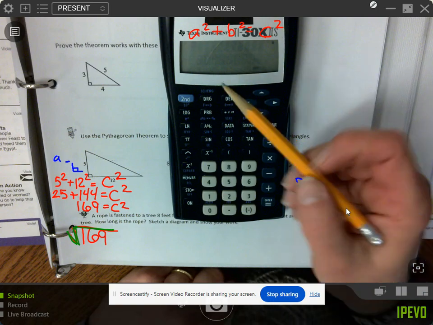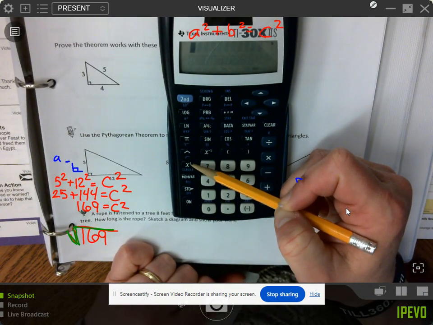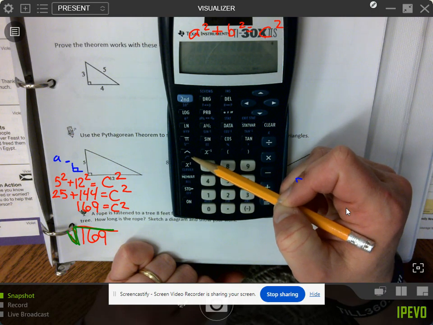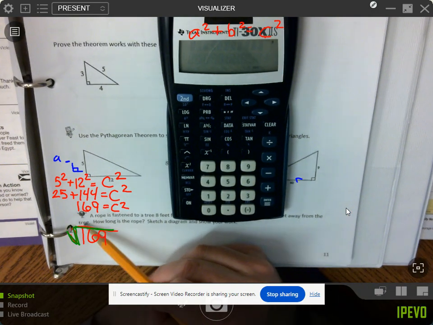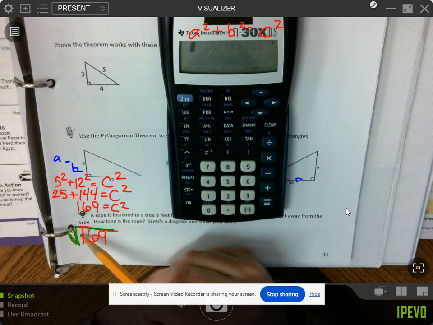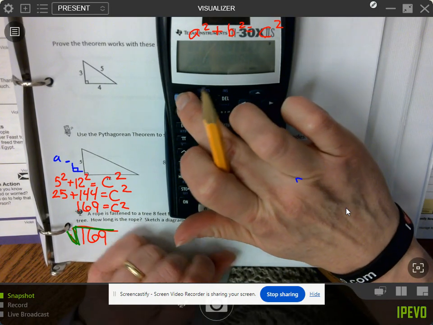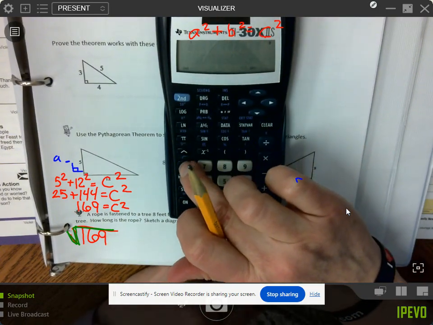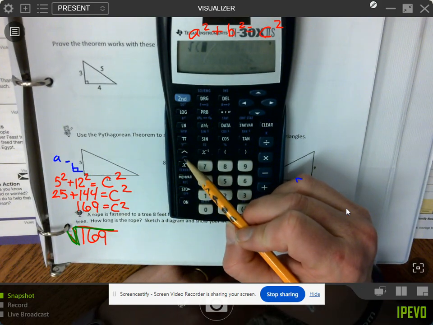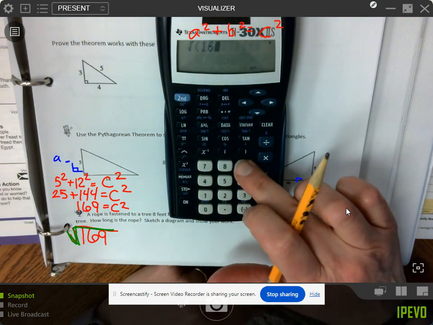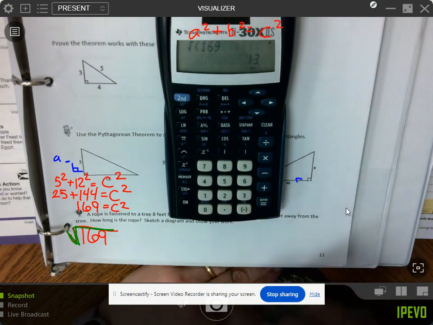So on your calculator, above x squared, you see the square root symbol, which looks like this, right? So you do second, and then where that square root symbol is, right above x squared, then you type in your number, 169, and you hit equal.